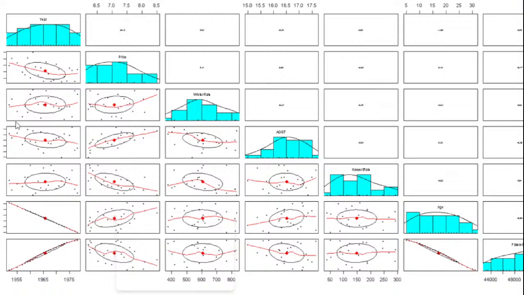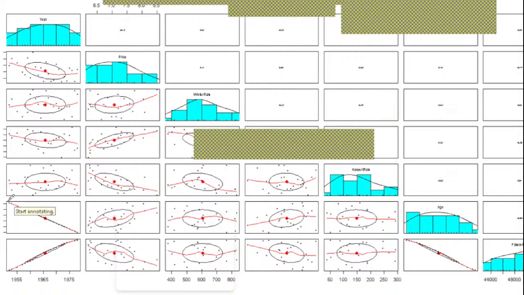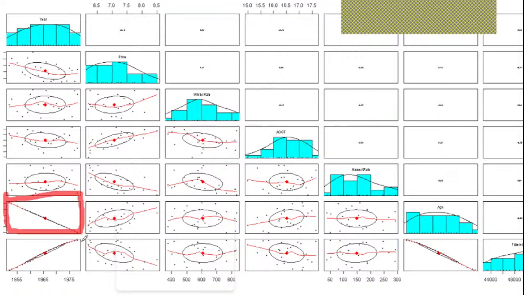Another thing. This one is year with age, and year with trans population is this one. Can you see? They both are inversely related with the years. One of them has a positive correlation with years, the other has a negative correlation. Which one has negative correlation with years?